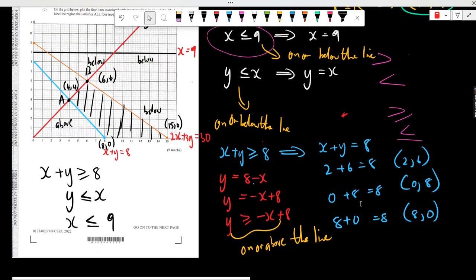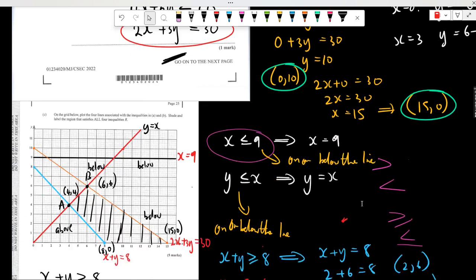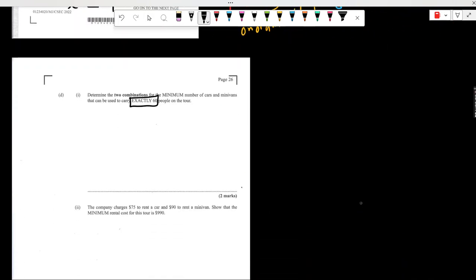So if we go back to our initial inequality, which is 4x plus 6y equals 60, we can say that 2x plus 3y equals 30.